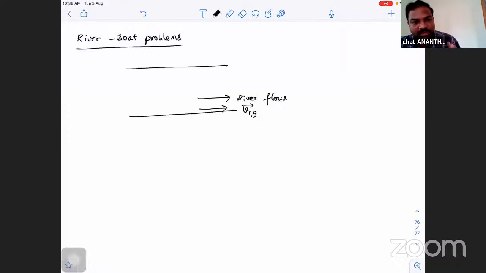So all of you please switch on your video and stay in the class. If you miss this class, then it is very tough to understand the riverboat problems concept. Today is a very, very important class. If you miss all these basics, then you will have problems in solving questions of the riverboat concept. So please stay in the class, switch on your video, put your mobile or computer or laptop at one place, sit properly and follow the class.